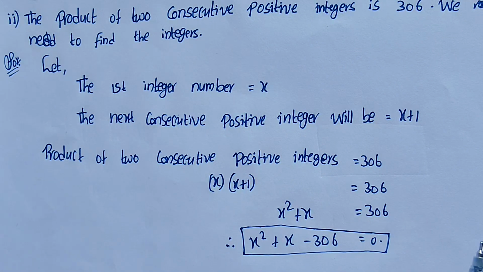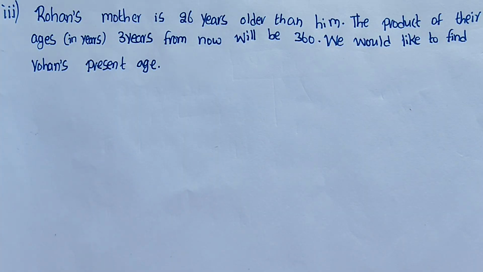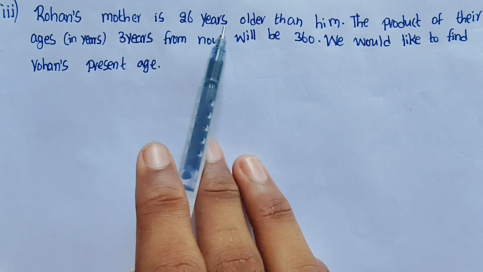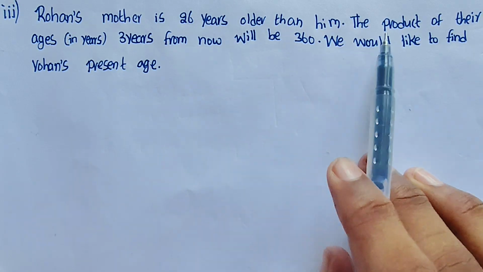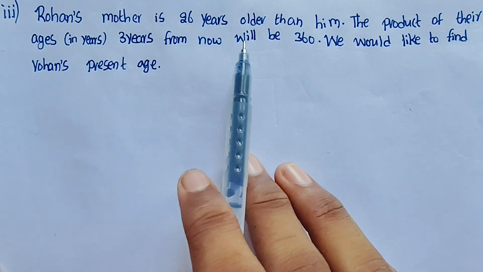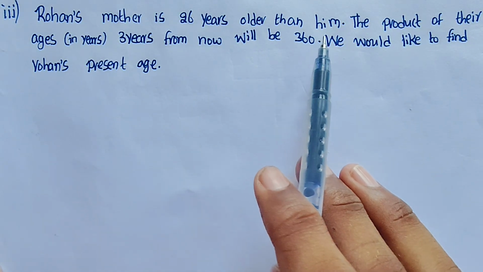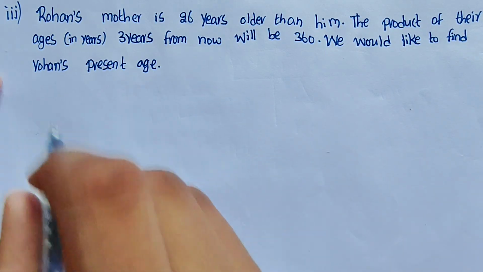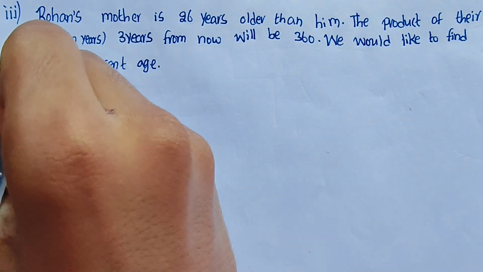Now let's go to the third problem. So here the given third question is, Rohan's mother is 26 years older than him. The product of their ages 3 years from now will be 360. We would like to find Rohan's present age. Let us solve it.